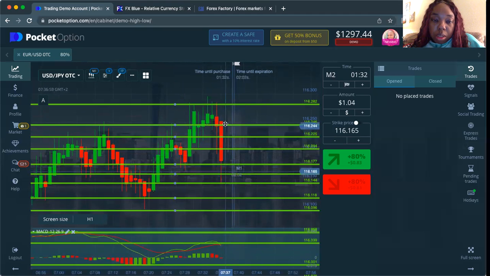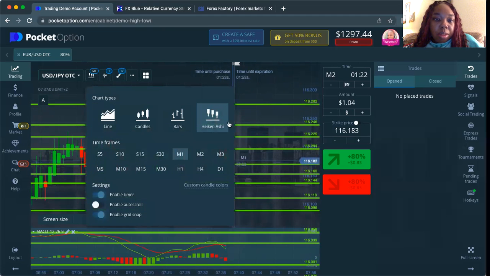So basically, by me just marking this up, you can clearly see price is definitely going down. Oh yeah, I do want to state what type of candles I'm using. I'm using Heikin Ashi right now. I do use either Heikin Ashi or regular candles, and sometimes I use the lines. I usually use these 3 on HFX for binary.